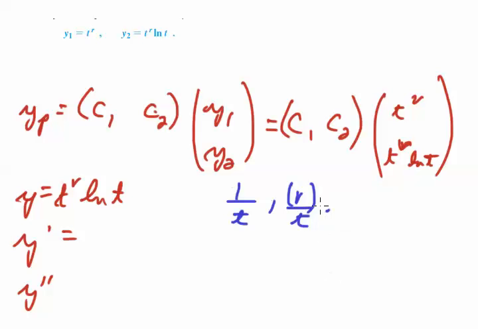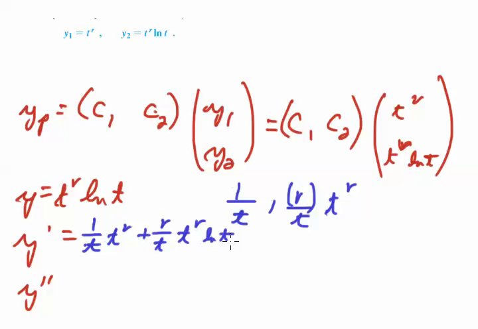So y prime is going to be 1 over t times t to the r plus r over t times t to the r natural log of t.